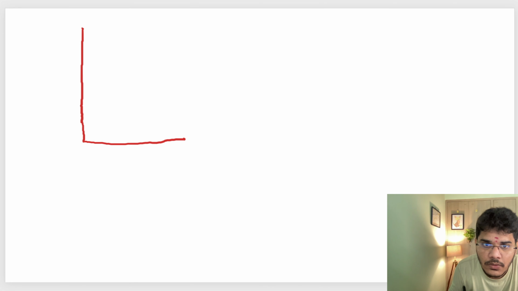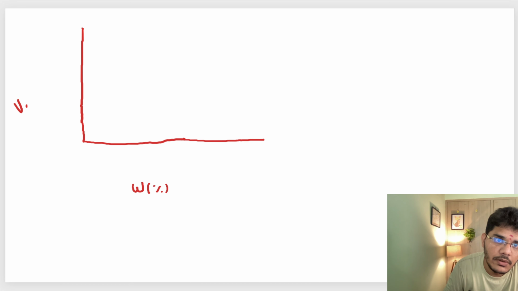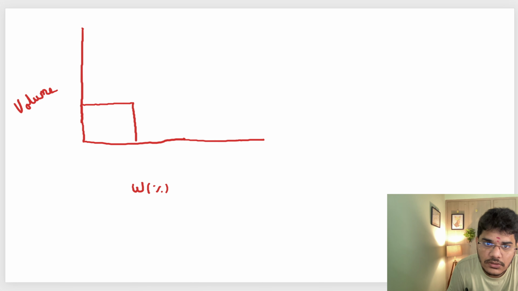Now let us recollect this diagram, which is based on consistency limits. Water content I will plot here, volume I will plot here. If you recollect the consistency limits concept, then the graph will be like this.